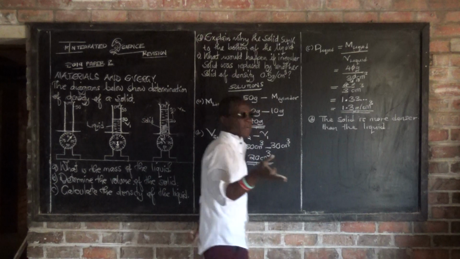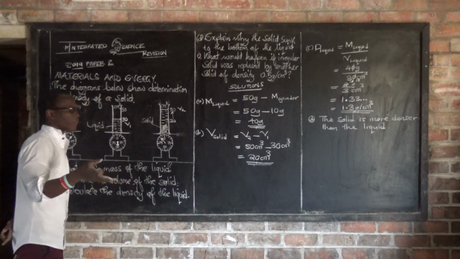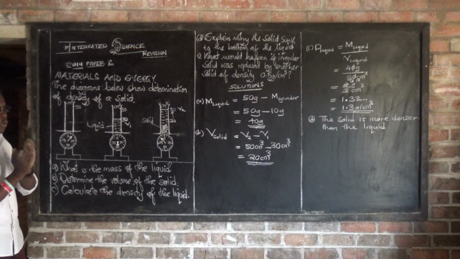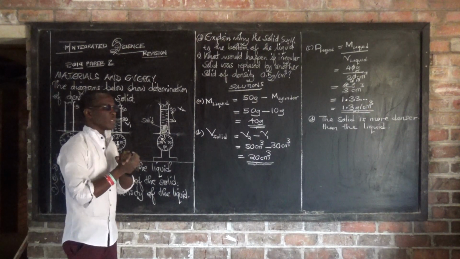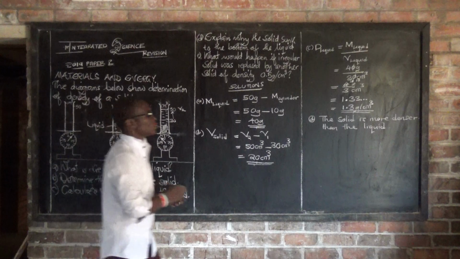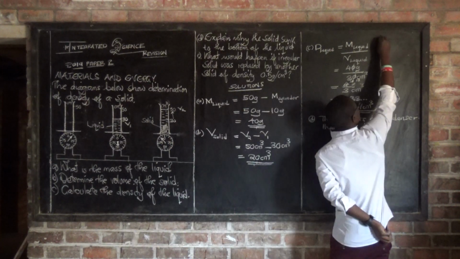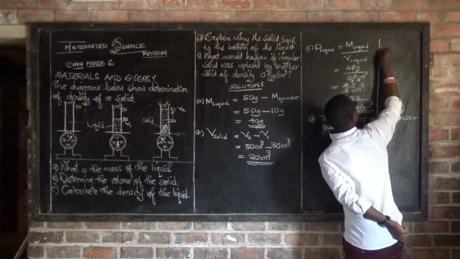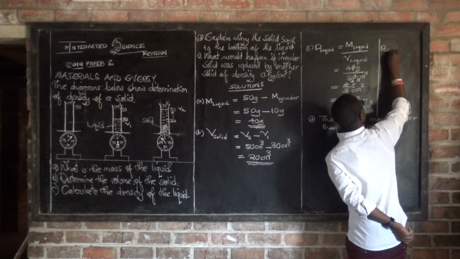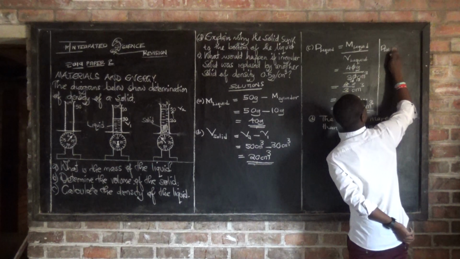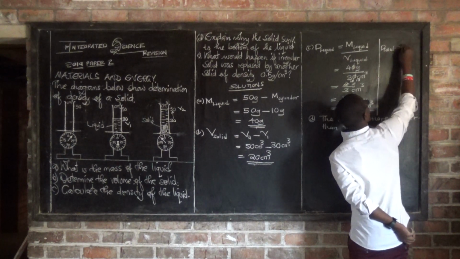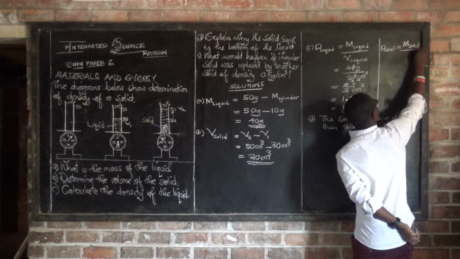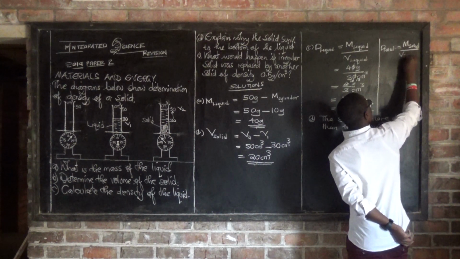Maybe let's try to verify. Let's first find the density of the solid, and then we compare it to the density of the liquid, to see which one has a greater density. So the density of the solid is equal to the mass of the solid over the volume of the solid.